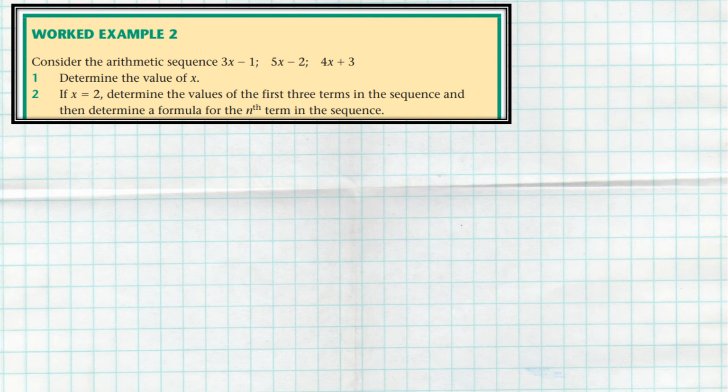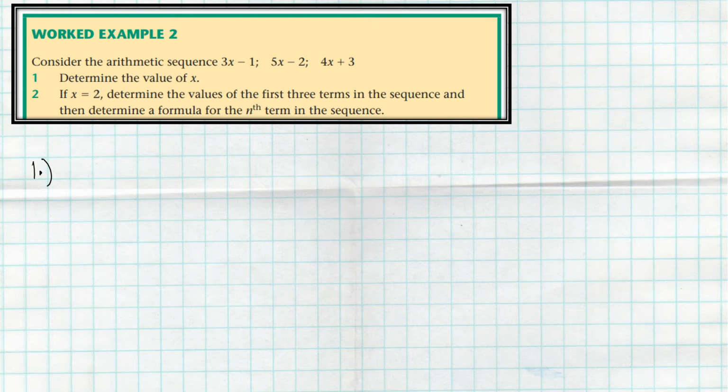Just as in this example, they say determine the value of x. So this is an arithmetic sequence, and you must know, if I'm given an arithmetic sequence in terms of any letter, how do I solve for those unknowns?